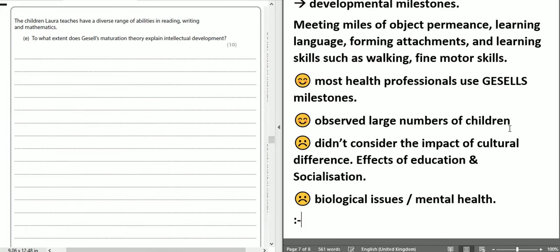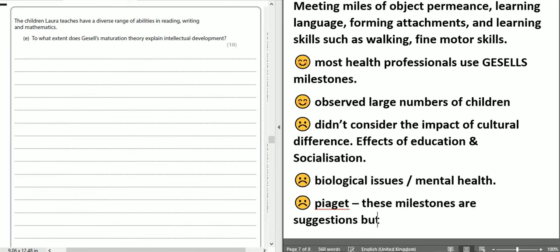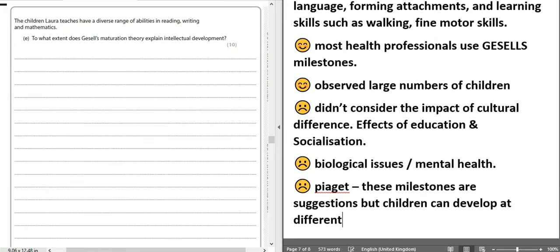And in terms of Piaget, we can think about the idea that these models or these milestones are suggestions, but children can develop at different rates or skip steps.